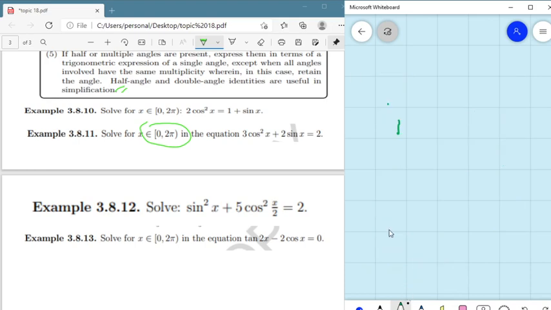Okay, next is example 3.8.12. We are going to solve sine squared x plus 5 cosine squared x over 2 equals 2. So we have sine squared x plus 5 cosine squared of x over 2 equals 2.